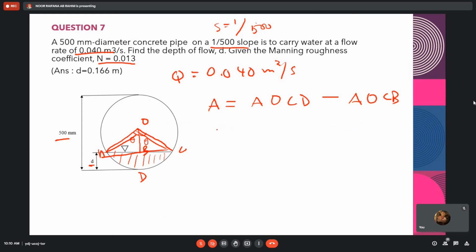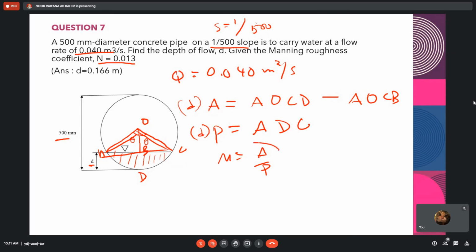And also the weighted parameter P adalah daripada A ke D ke C. So nanti you akan dapat dalam sebutan D lah, semua ni dalam sebutan D, sebab kita tak tahu D dia berapa. And then M pun sama, A/P.